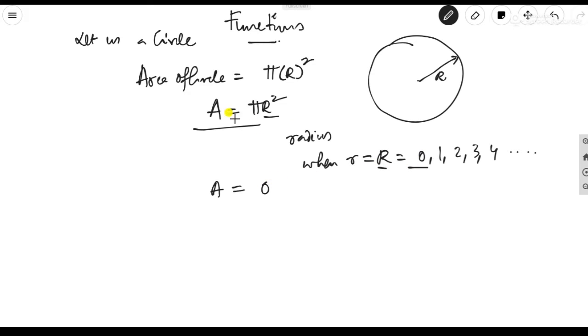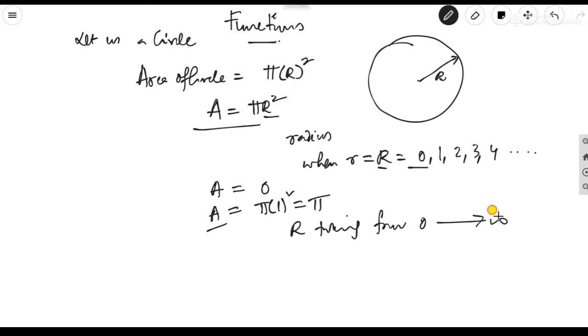When r is equal to 1, A is pi into 1 square, which is equal to pi. Similarly, for different values of r, we have different values of A. When r takes values from 0 up to infinity, A also takes corresponding values from 0 to infinity.